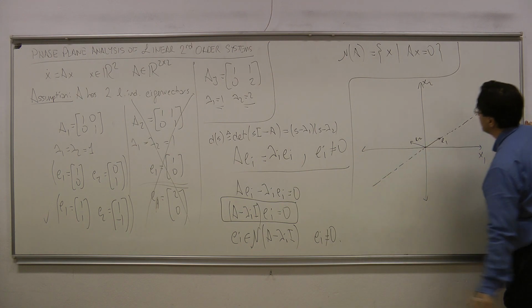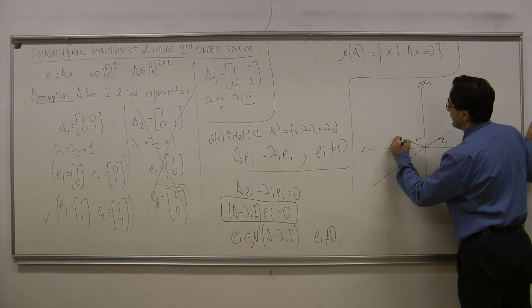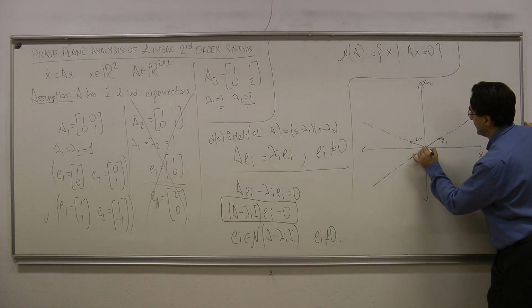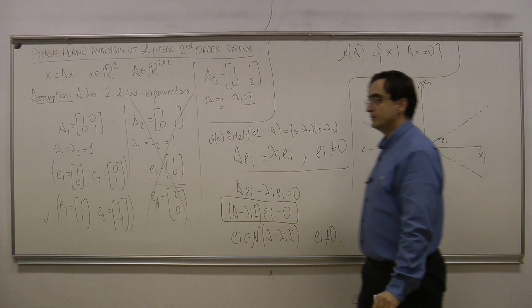This is the line corresponding to the first eigenvector. Actually, this is called the one-dimensional space corresponding to eigenvector 1. And this is the one-dimensional line that corresponds to the second eigenvector.